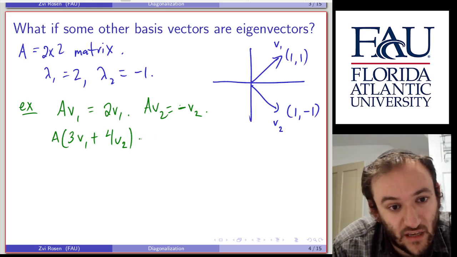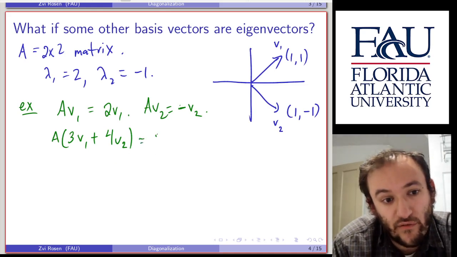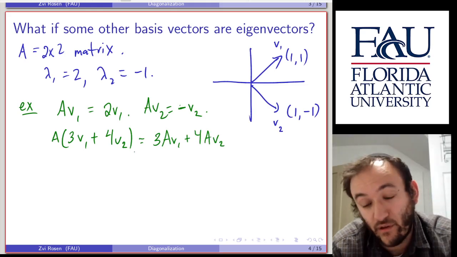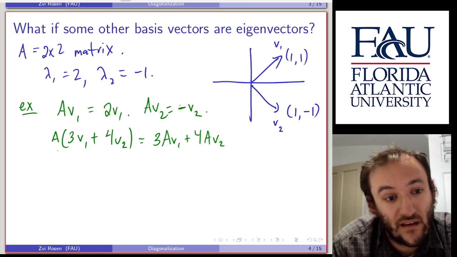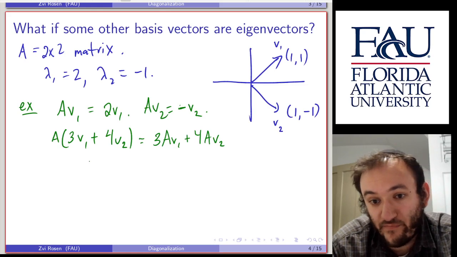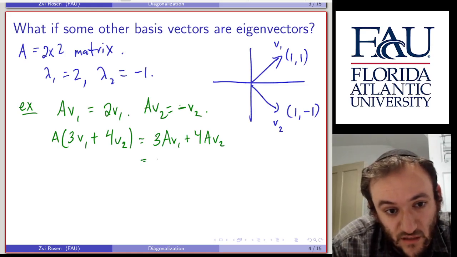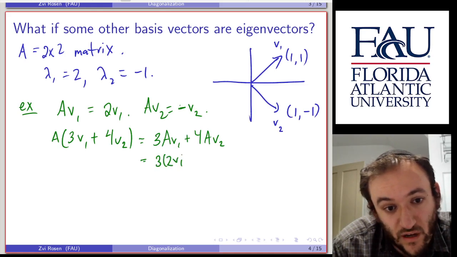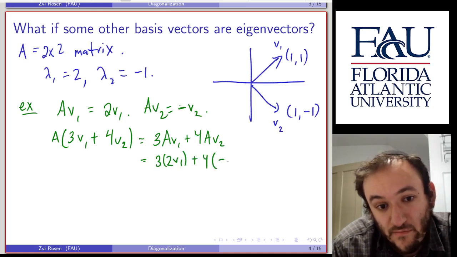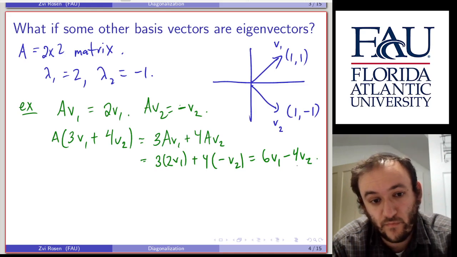Well, then that's going to be 3 times A of v1 plus 4 times A of v2, and this is by linearity. You can always distribute A to a linear combination of vectors. So this is going to be equal to 3 times 2v1 plus 4 times minus v2, or 6v1 minus 4v2.